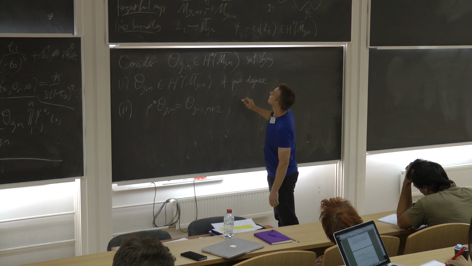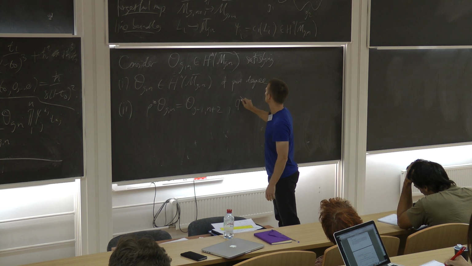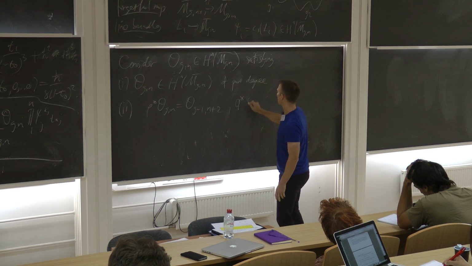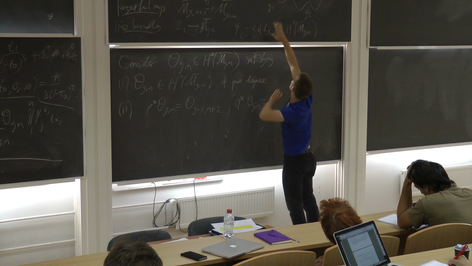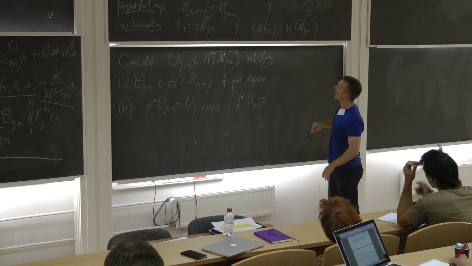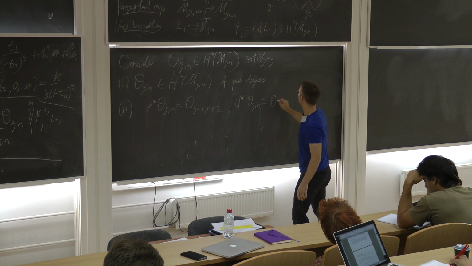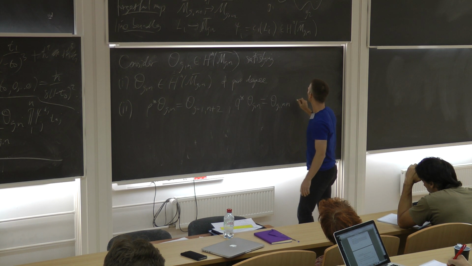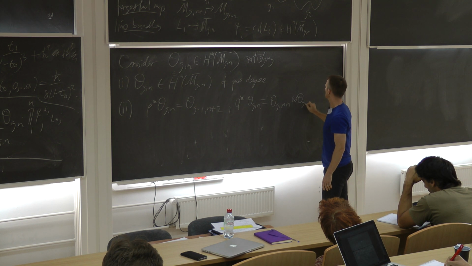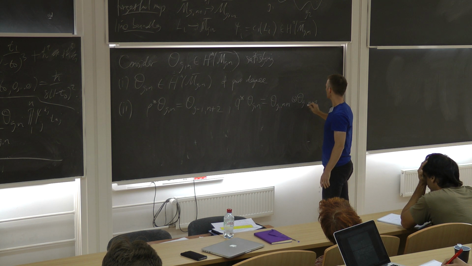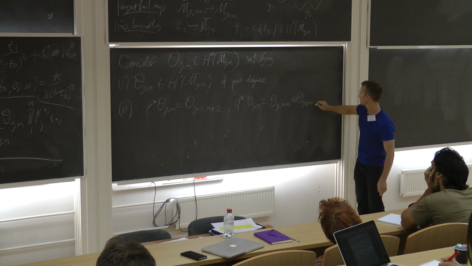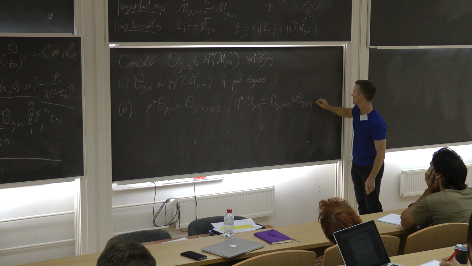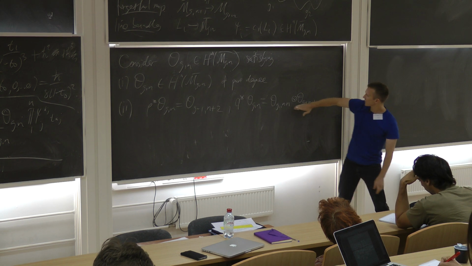And so I also want phi star of theta g, the restriction of theta to this divisor, to be equal to these two, n1 plus 1 and n2 plus 1, where there's a little abuse here.